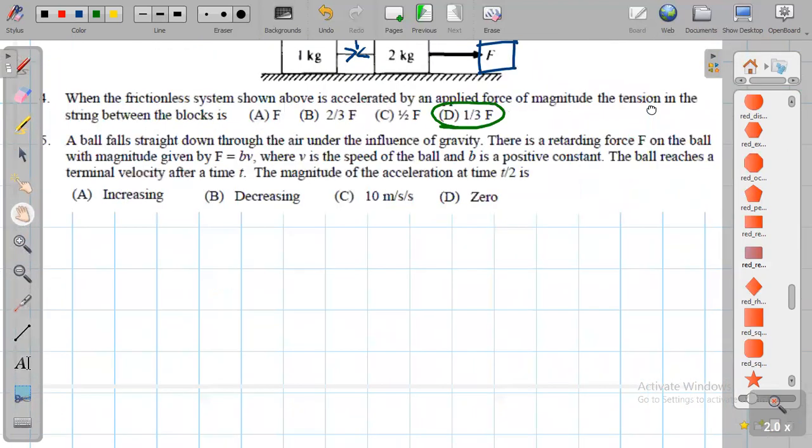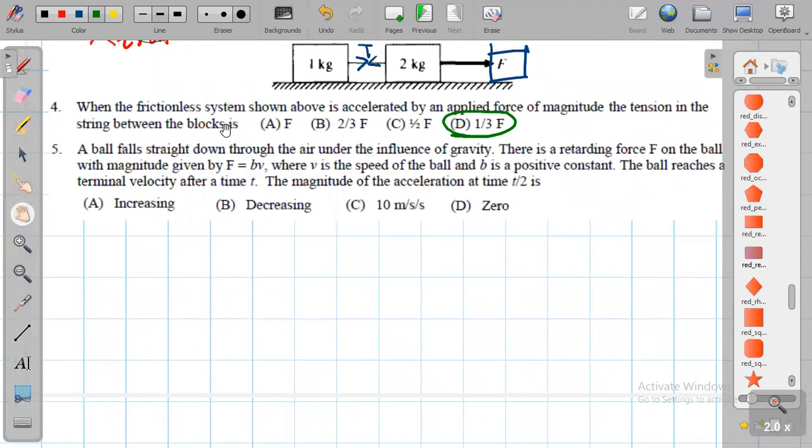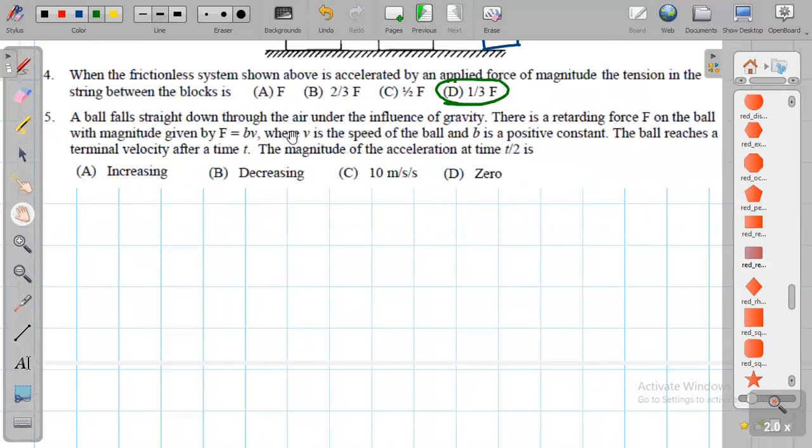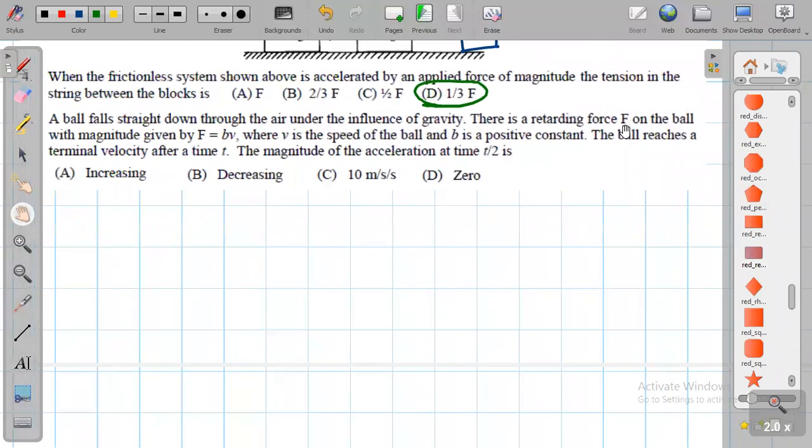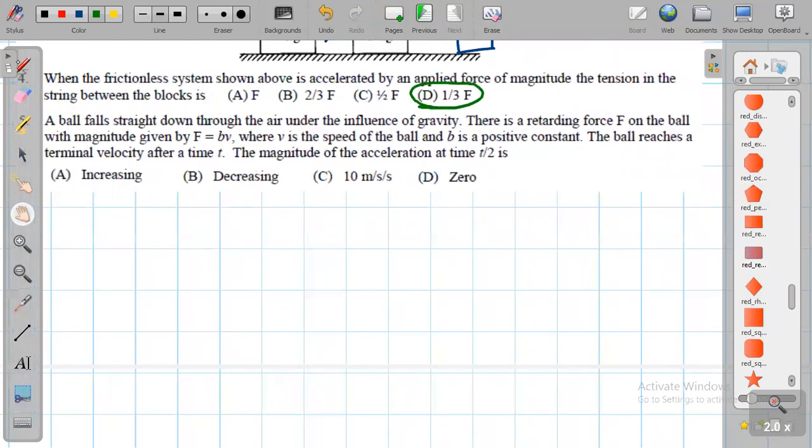Fifth one. A ball falls straight down through the air under the influence of gravity. There is a retarding force F on the ball with a magnitude of bv, where v is the speed of the ball and b is a positive constant.